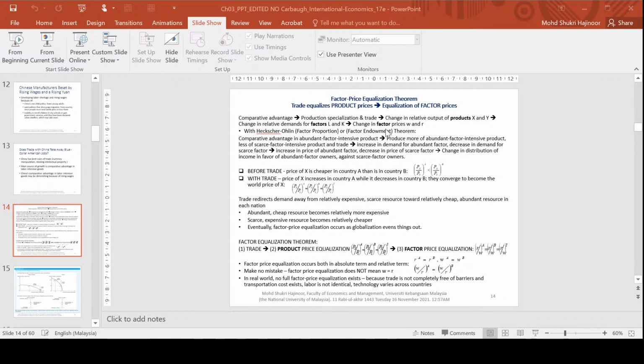The labor can move around, but this capital intensive sector will gain. Our interest rate will go up, so it will be positively beneficial for the country in the short run only.